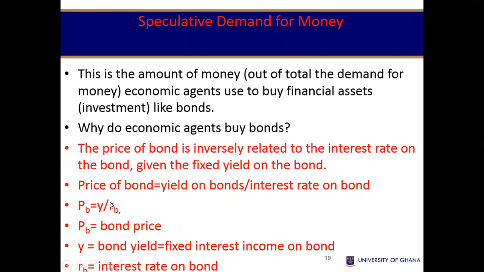So as interest rate goes up, price of bonds goes down, demand for bonds goes up, and that causes a reduction in the demand for money. So this is talking about the relationship between interest rate and demand for money.